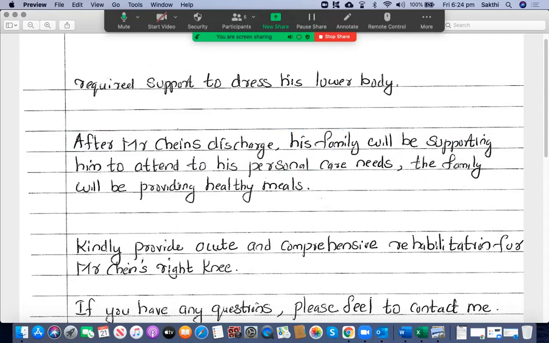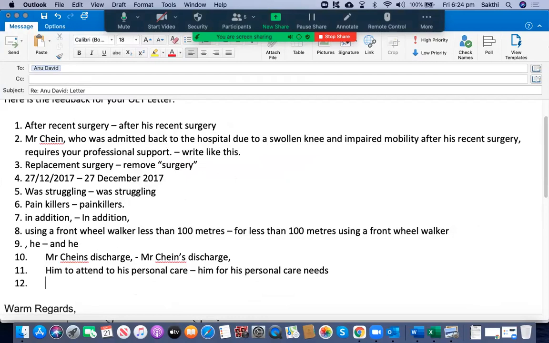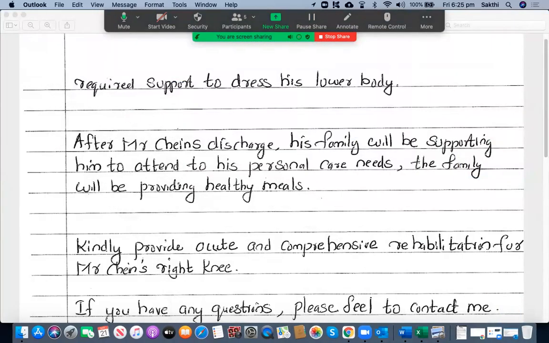You could have started a new sentence with as well as, or apart from that, comma, the family will be. It's up to you. You can either write it in a separate sentence or add it here itself. As well as the family will be providing healthy meals.